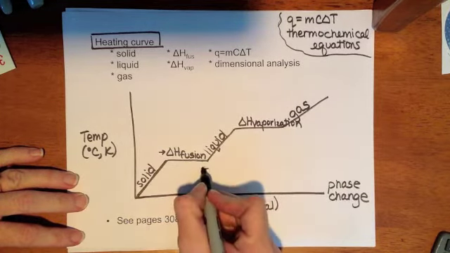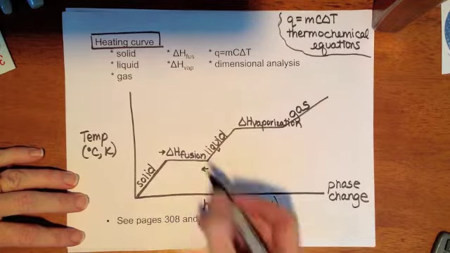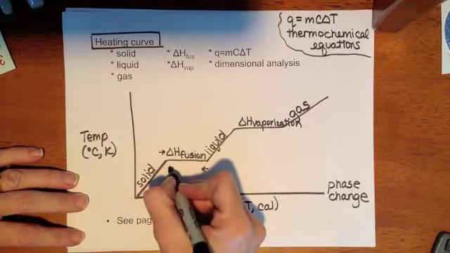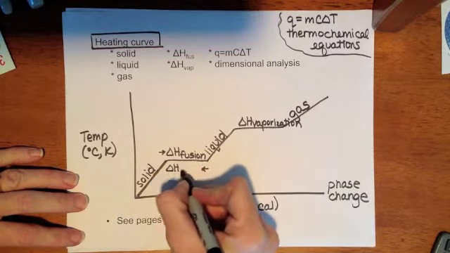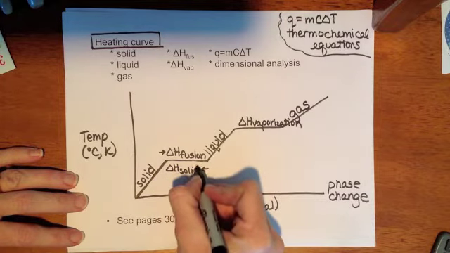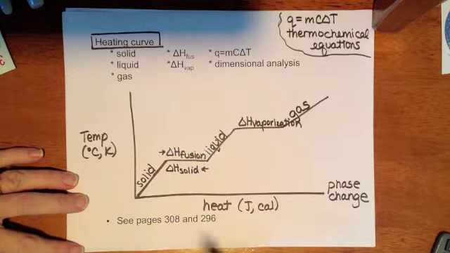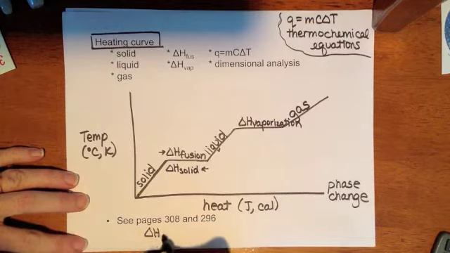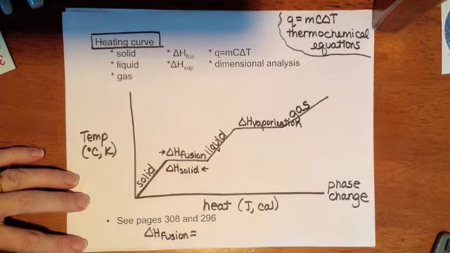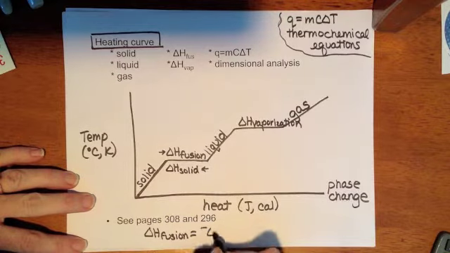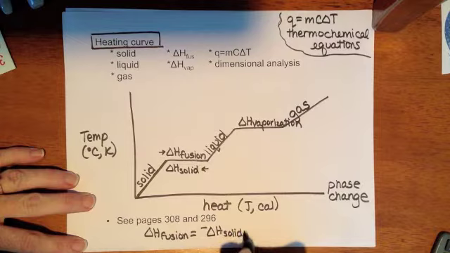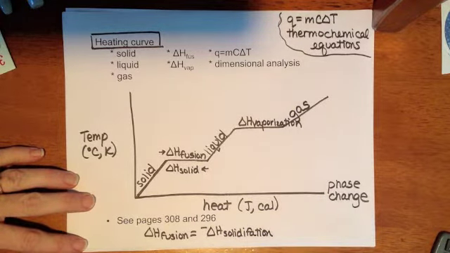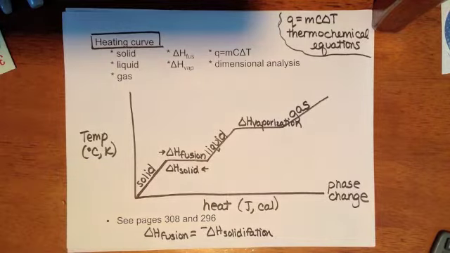If we're going this way, the opposite would be solidification. But here's the trick. Heat of fusion is equal and opposite to the heat of solidification. So usually you just look one up, okay?